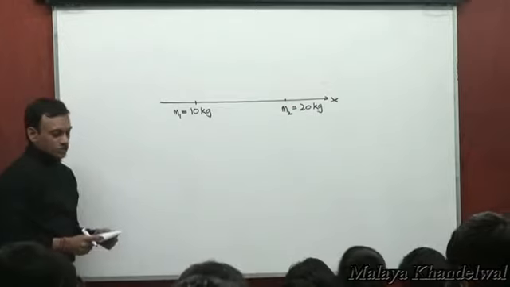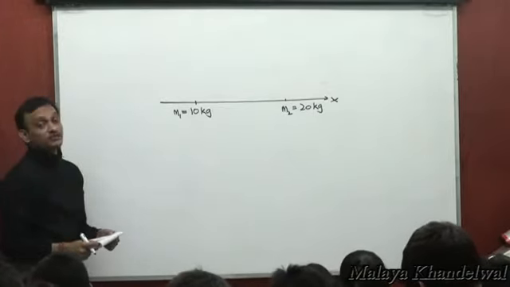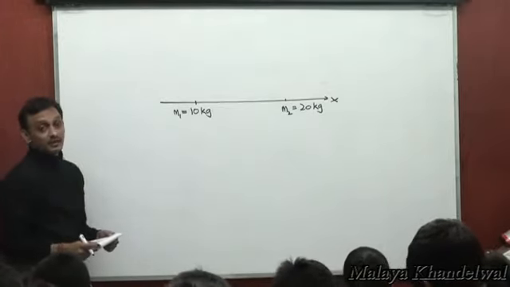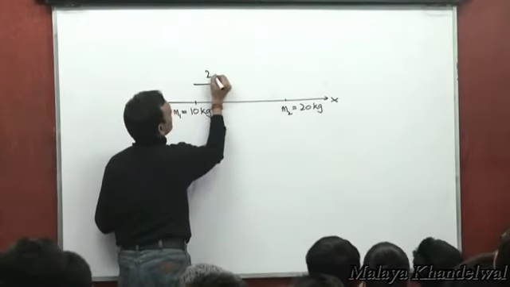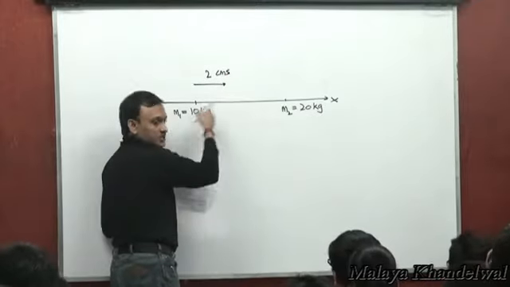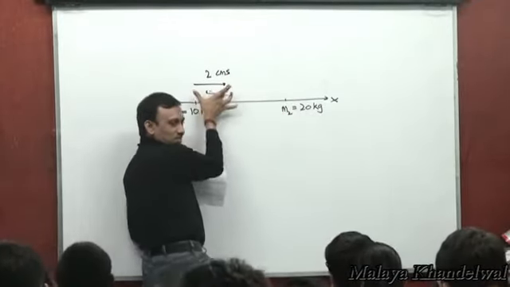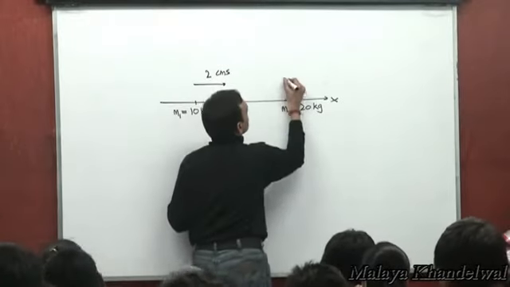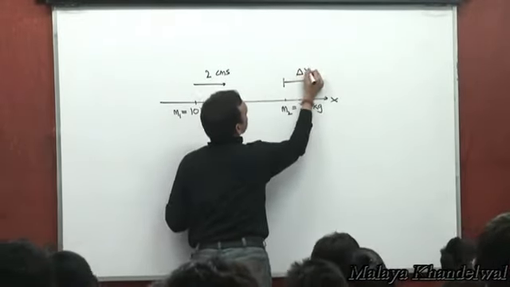By what distance should the second mass be moved so as to keep the position of the center of mass unchanged, right? That means, let's say this has moved 2 centimeters. The displacement, that is delta x of this, is 2 centimeters. This, let's say, gets displaced to the right by amount delta x2, right?